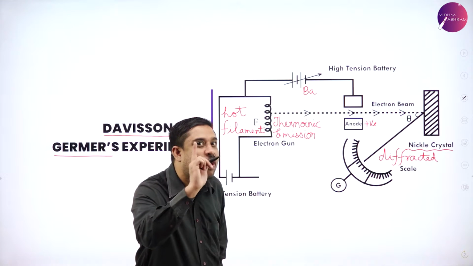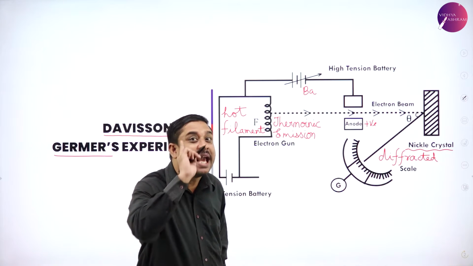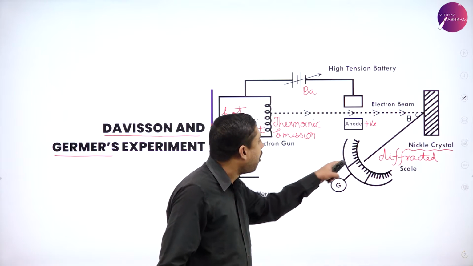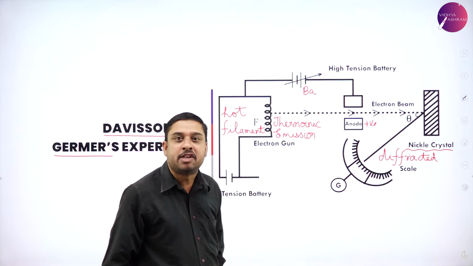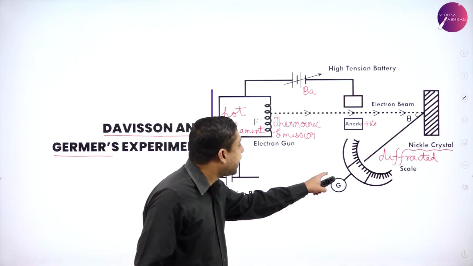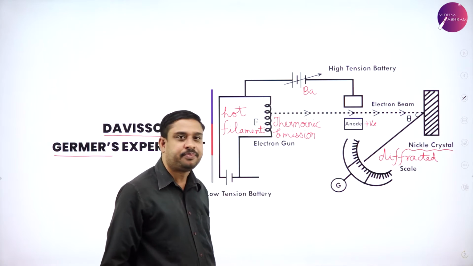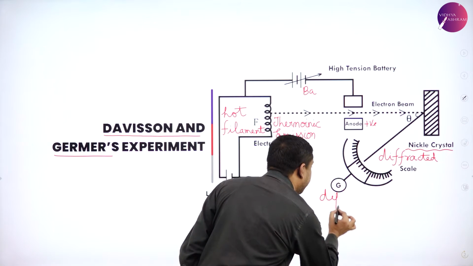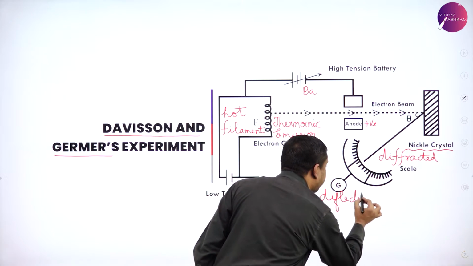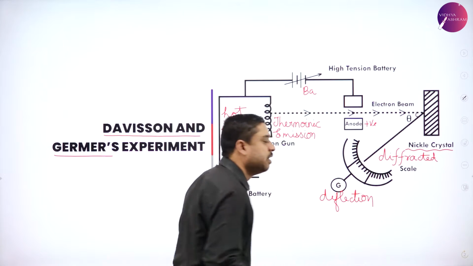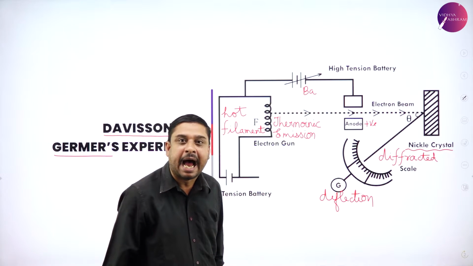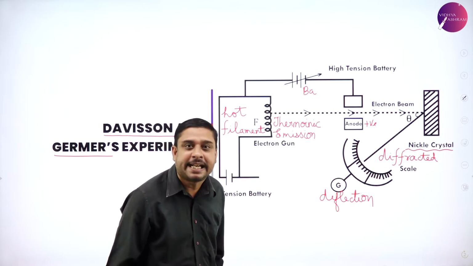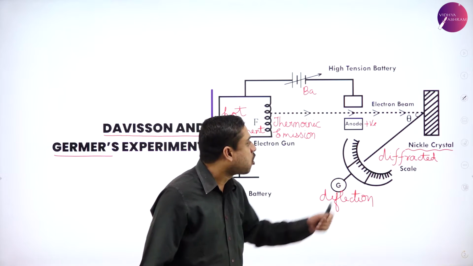Diffraction of electrons is happening from the atoms of the crystal and it falls on the measuring scale connected to a galvanometer. Immediately, the galvanometer shows deflections, concluding that there is current in the experimental setup because electrons are moving.